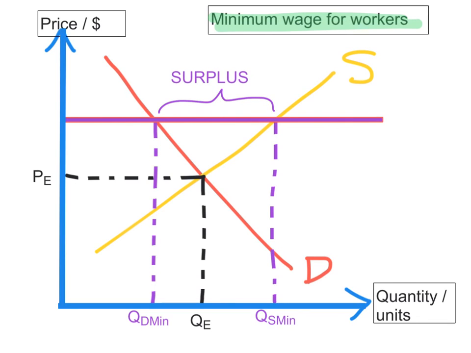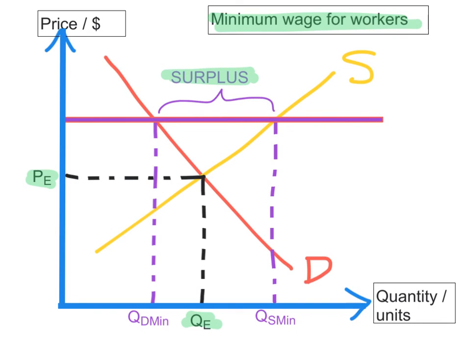So basically, if the market was left to equilibrium, this would be the price of employing a worker, and this would be the quantity of workers that are employed or the number of jobs that are available, because the market would reach equilibrium. But by setting a price floor, which is again this purple line here, now you have a surplus. You have an excess supply of workers, but there aren't enough jobs or there aren't enough businesses willing to employ them.